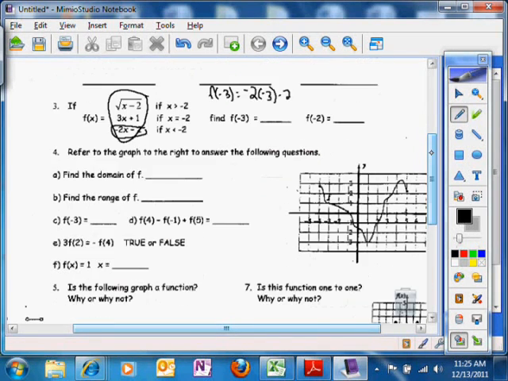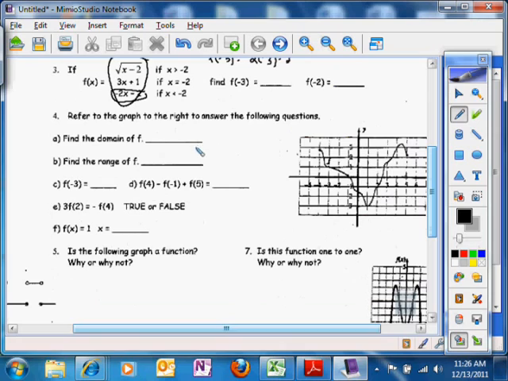For number 4, refer to the graph to the right to answer the following questions. Domain is all the x values, range is all the y values. Then something like, let's say D: f of 4. What that means is, what's y when x is 4? So when x is 4, y is 3.